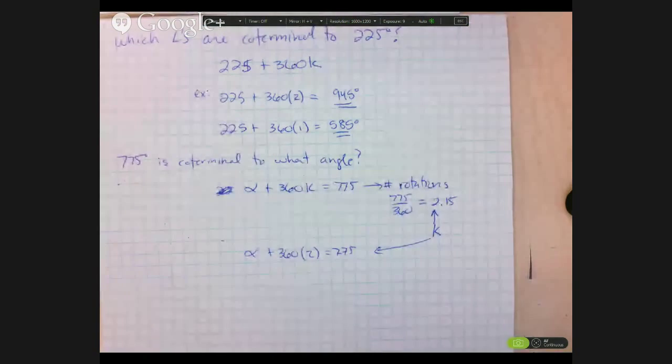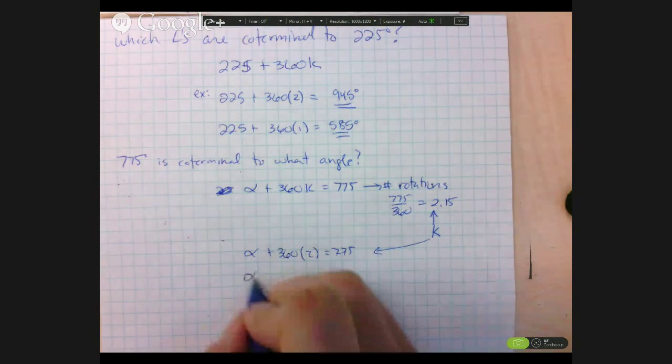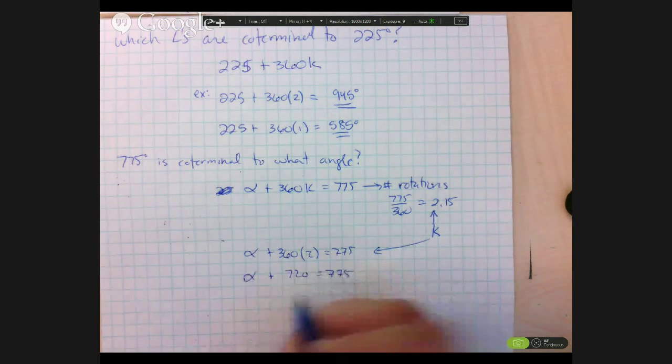There's a little bit more work there, but stuff we've been doing for years. So what is it, 35, 45, 55 degrees? 46? So just the first number, alpha. So alpha is 55 degrees.